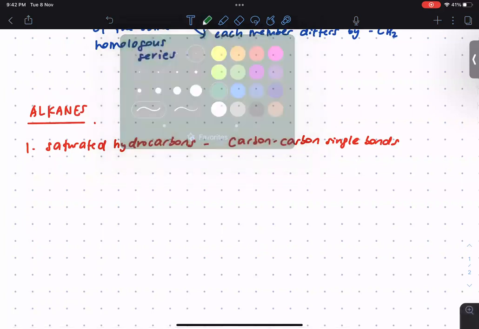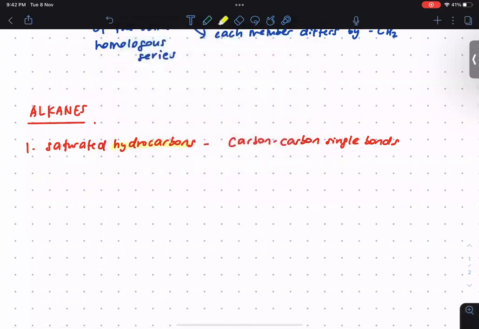Another side note over here: what are hydrocarbons? Because sometimes in the exam, they ask you to define what hydrocarbons are. So you put over here, hydrocarbons are compounds that contain only hydrogen and carbon.